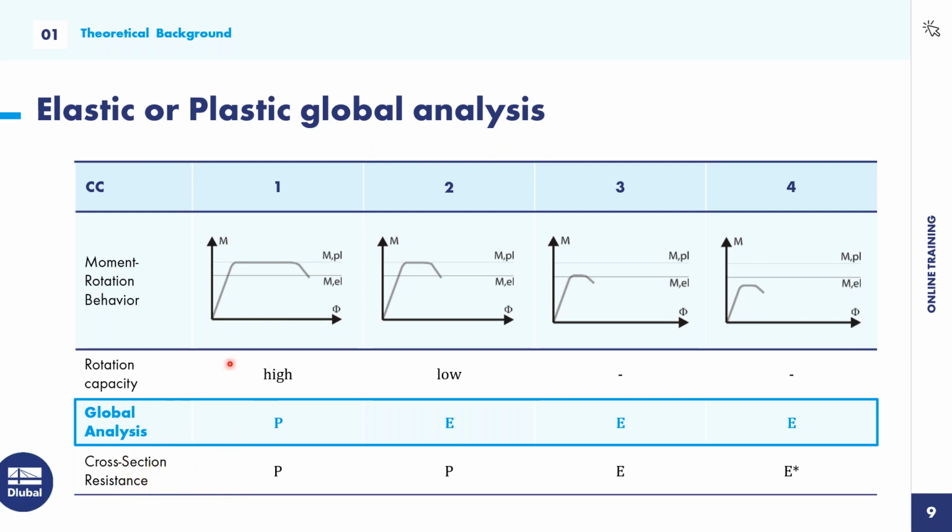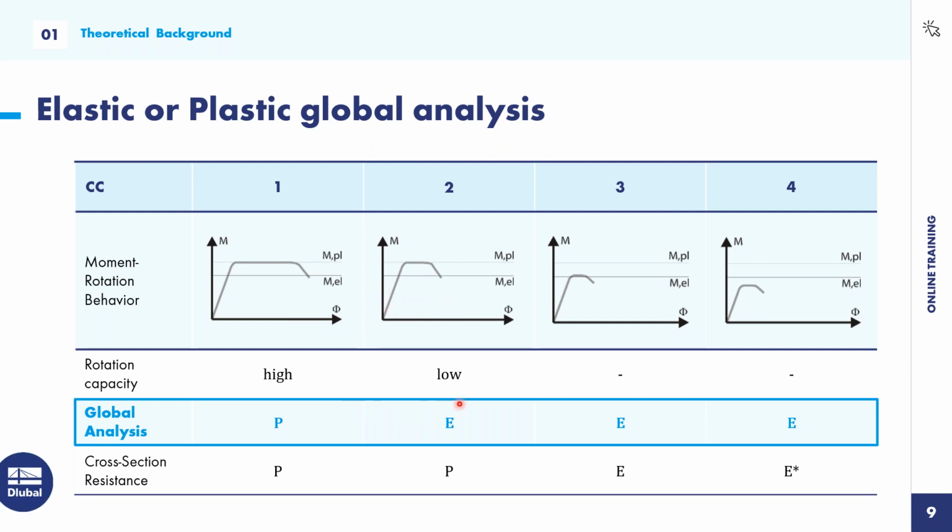So cross-section class 1 reaches a high plastic moment resistance, you see it here in the diagram, and also a high rotation capacity. This is also the reason why a plastic hinge can develop well and can be applied, but not anymore for cross-section class 2. So this is interesting to know.